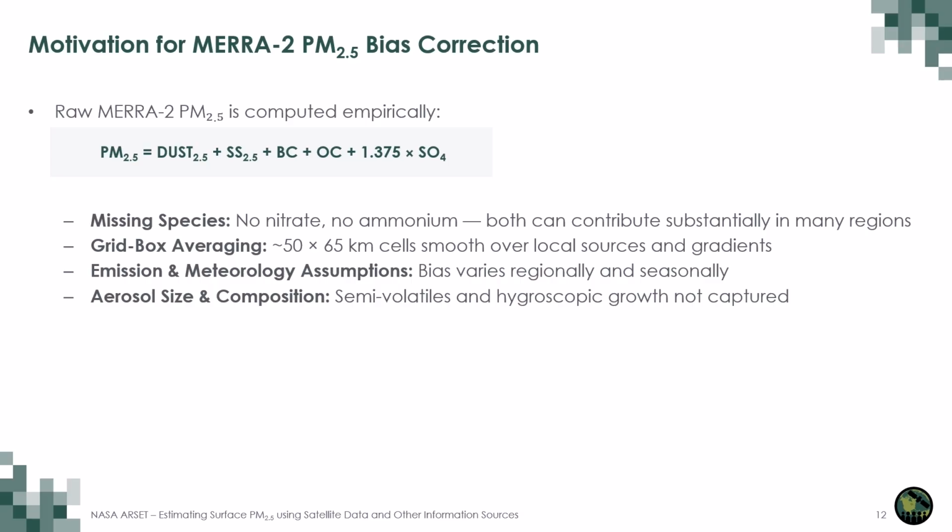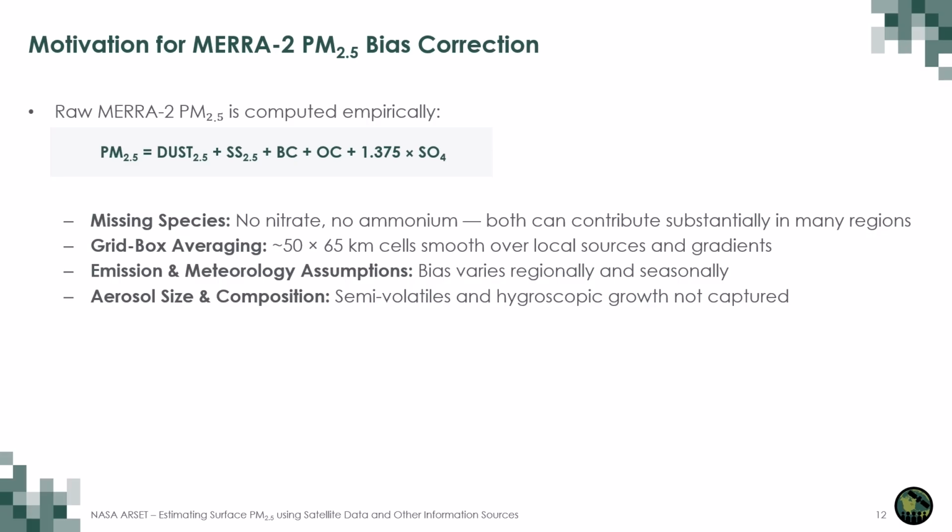Now we will get into some details on how these PM2.5 products are derived. MERRA-2 provides PM2.5 components at surface such as dust, sulfate, carbon, etc. And this equation is often used to combine these component products to calculate total surface PM2.5.